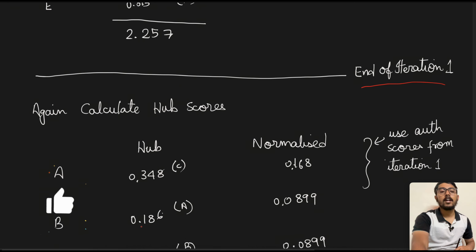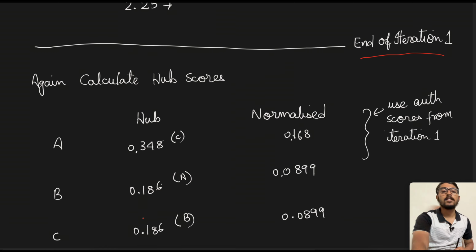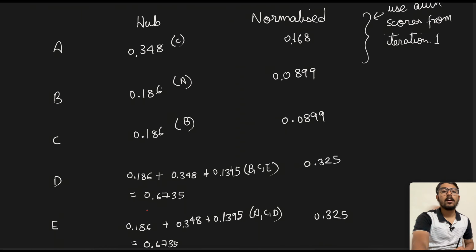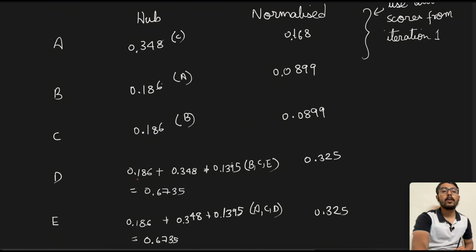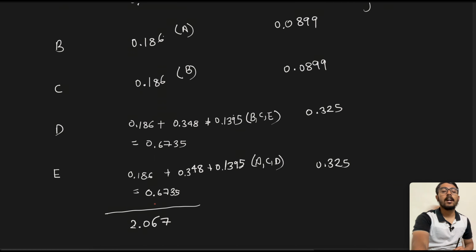0.348. And then for B, which points to A, having authority score 0.186 similarly, right? For D, if we look, it points to B, C and D. So their normalized authority scores are written here, which we sum up, and then the entire column gets the sum of 2.067.